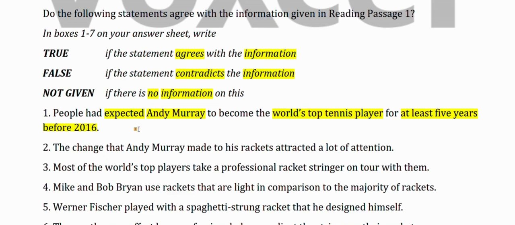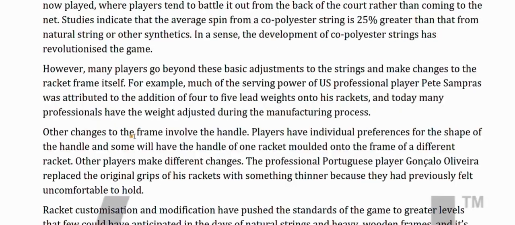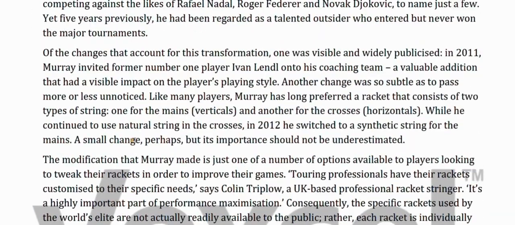Our answer will be not given when there is no mention of expectations, or when it is not mentioned what they were expecting, or when something about the year is not mentioned. Then we will say it is not given. So let's see if something is mentioned here or not.